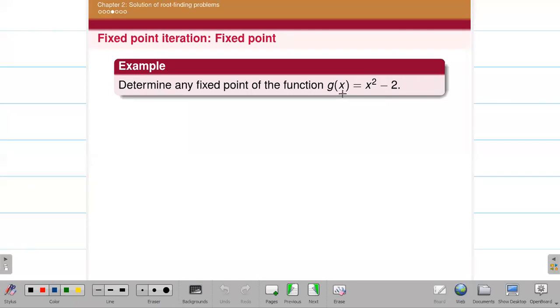If I use the analytic method, let P be the fixed point for g of x. Then you can write g of P is equal to P.